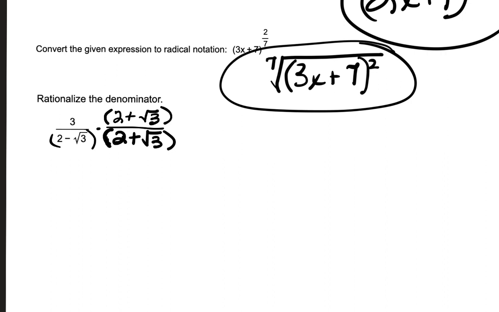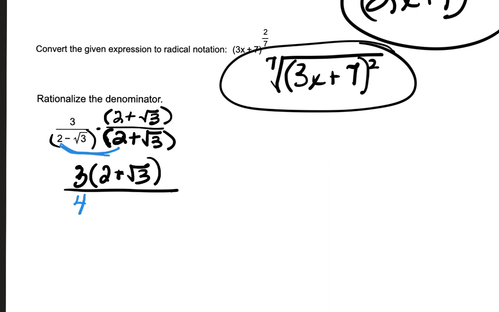By doing this, for the numerator, don't multiply this out. I'm going to rewrite it: 3 times 2 plus square root of 3. Keep that the same. On the bottom, this is where you want to multiply it out. As I've explained before in the videos, this is the difference of two squares. So when you FOIL this out, we have 2 times 2, which is 4.